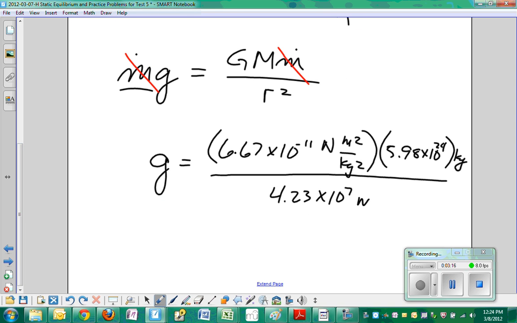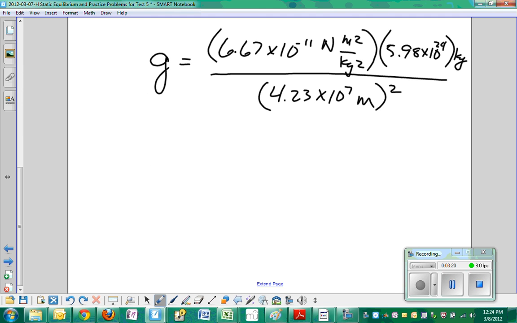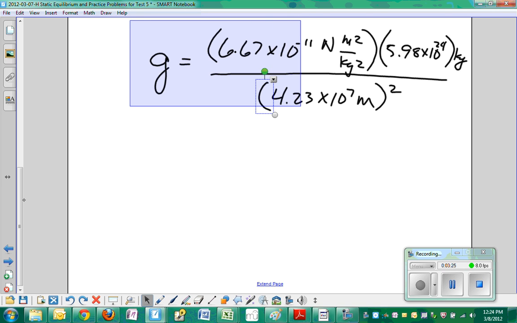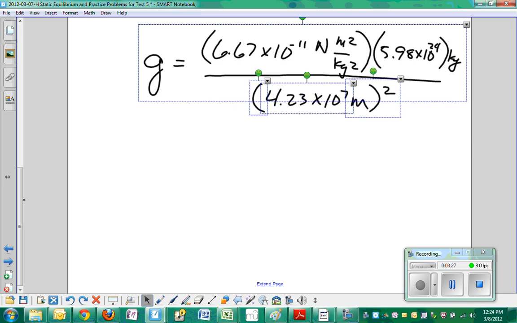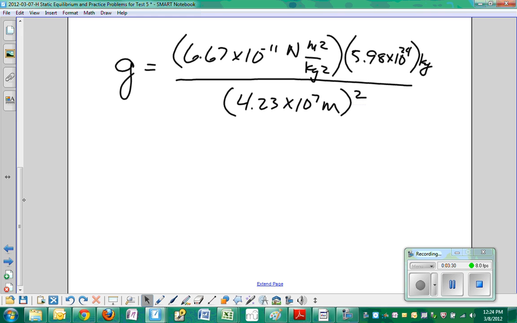meters, squared. There's a little number crunching to do there, but let's first check all of our units. The units should turn out to be right. Newtons is kilogram meters per second squared. So the meters squared on the top cancel out the meters squared down here, but we're still going to have to square this right here.